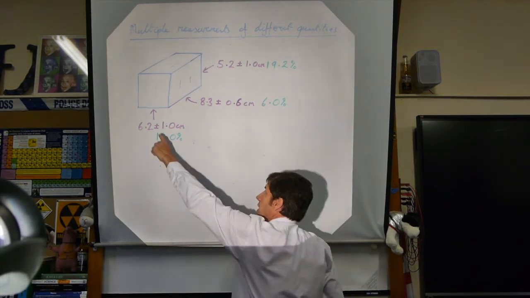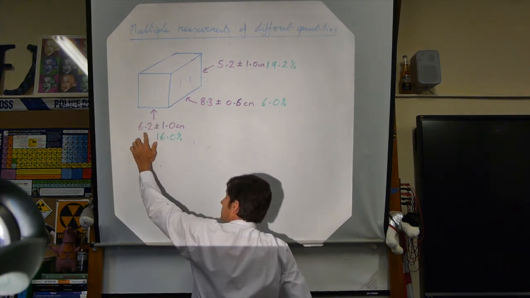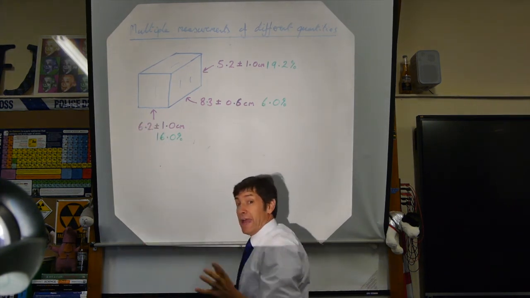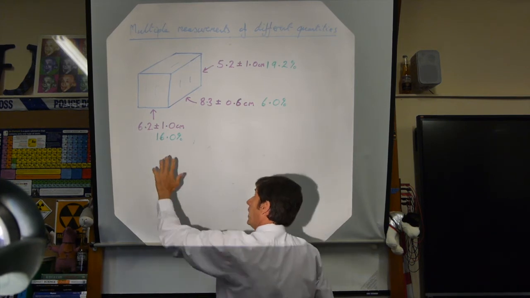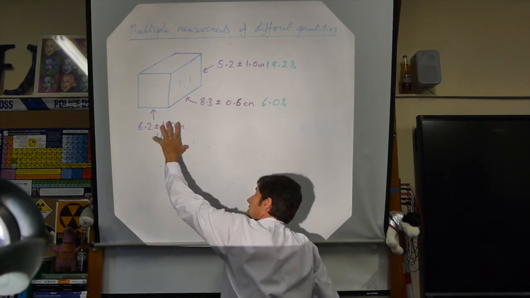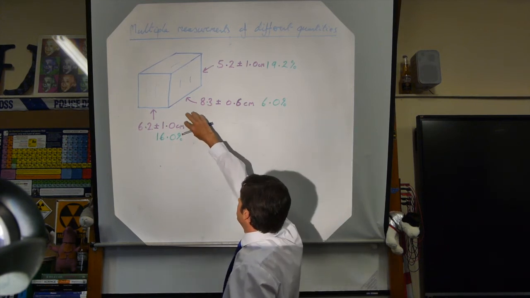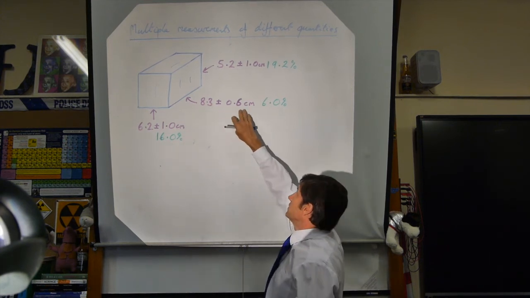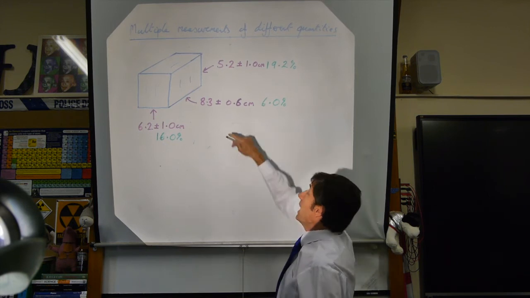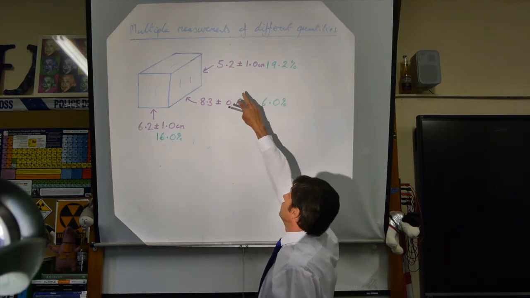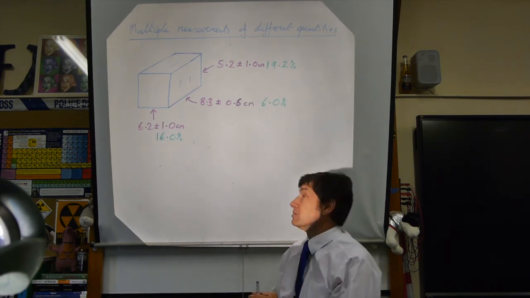So we know that across here it's 6.2 centimetres, but there's an absolute uncertainty either way of 1.0 centimetres. I've done the same for the depth, 8.3 plus or minus 0.6 centimetres, and for the height, 5.2 plus or minus 1.0 centimetres.